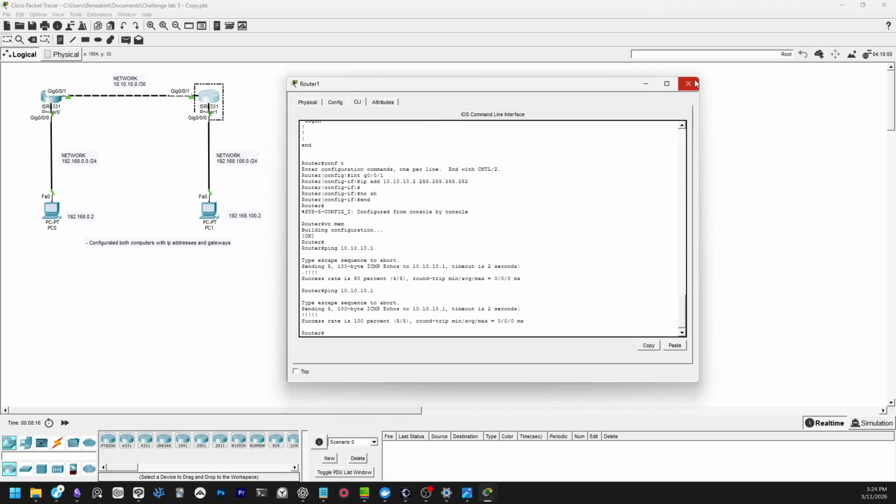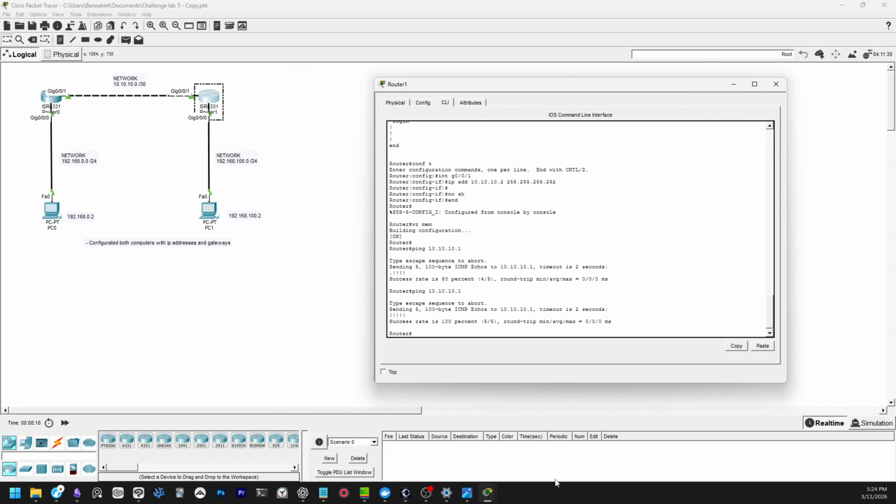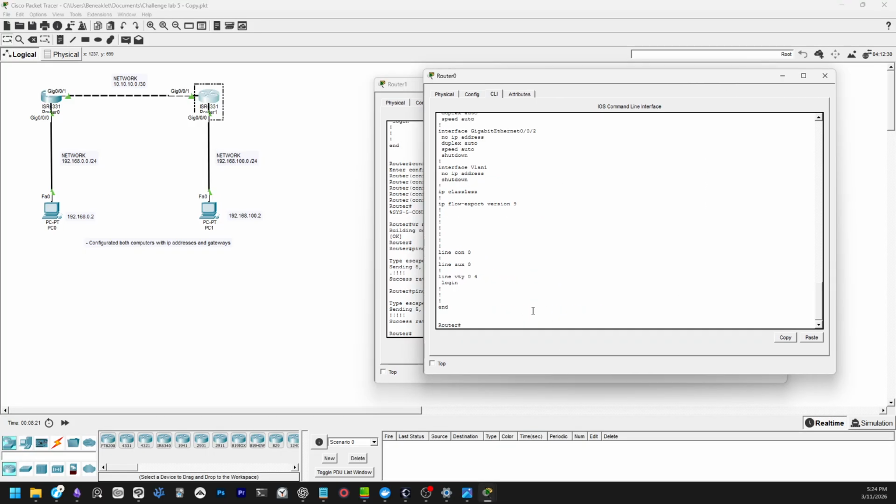Now, if we go back to router 0 and try to ping the other PC, PC one, it's not going to work. Usually it's instant, and here it's taking its time. That's how you know it's not going to work right off the bat. 0% success.